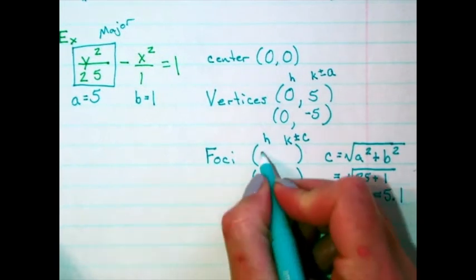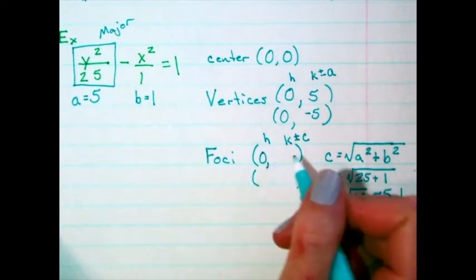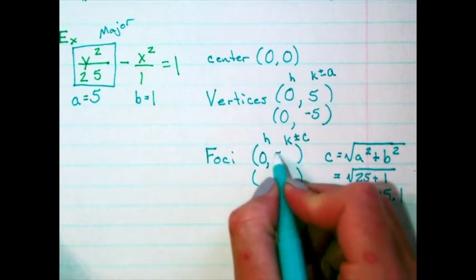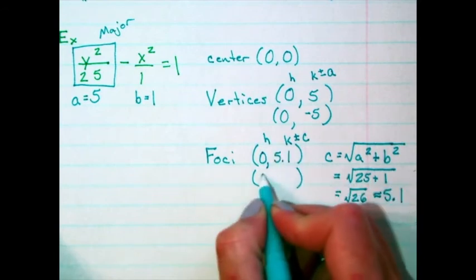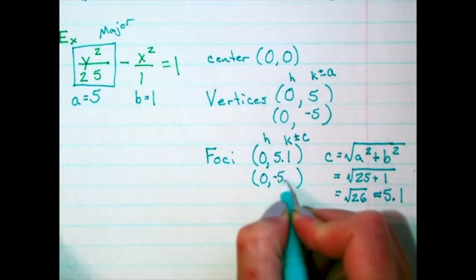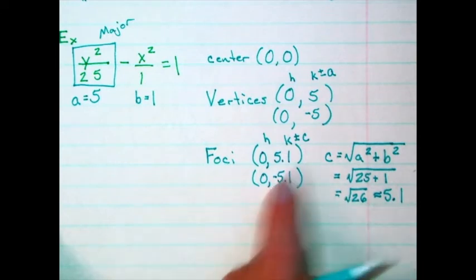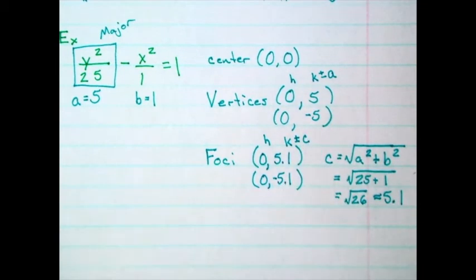So this is going to be 0, 5.1 and 0, negative 5.1. Now notice how close that is to where my vertices are. So it's just going to be barely beside those or next to those. Now don't forget we've added in a new piece. We have to find the asymptotes.